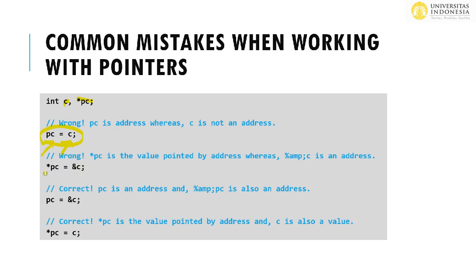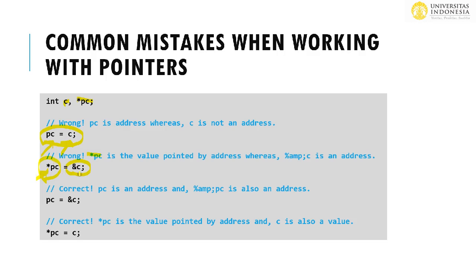And if you put the content of the pointer PC here, using the indirection operator asterisk, and then you refer it to the address, it will be wrong, because PC is a pointer variable, and C is an ordinary integer variable.